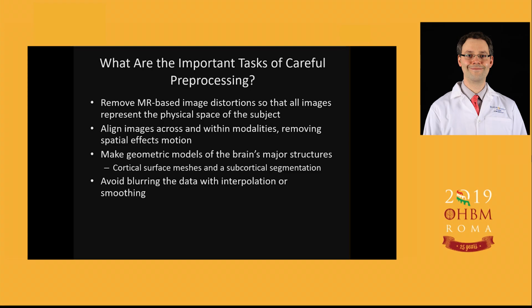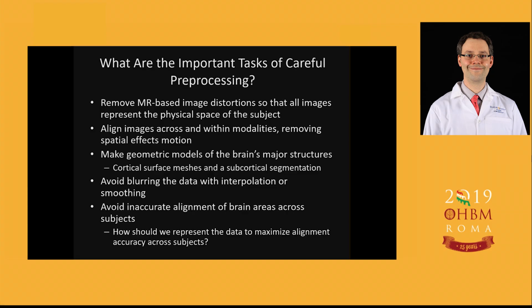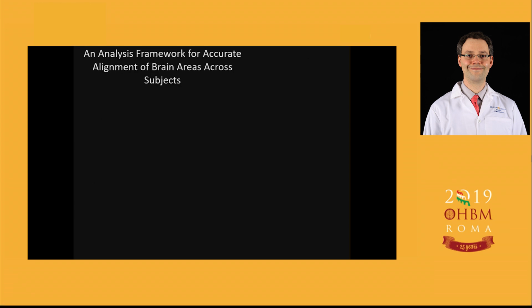And when we do this pre-processing, we want to avoid blurring the data. So not using interpolation methods like trilinear, but if possible, things like spline that are much sharper. And then we don't want to be overtly smoothing the data either. Also, we want to get areas aligned up across subjects. And so that raises the question of how should we format our data to be able to maximize cross-subject alignment.